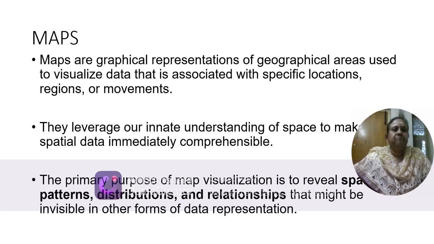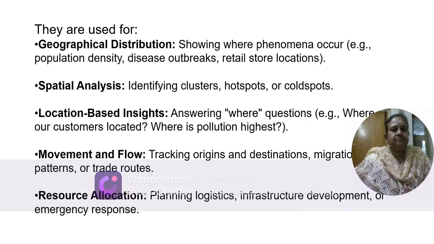For example, the primary focus of map visualization is to reveal spatial patterns, distributions, and relationships that might be invisible in other forms of data representation. So maps are mainly for revealing spatial patterns.